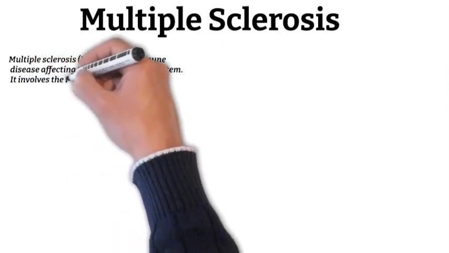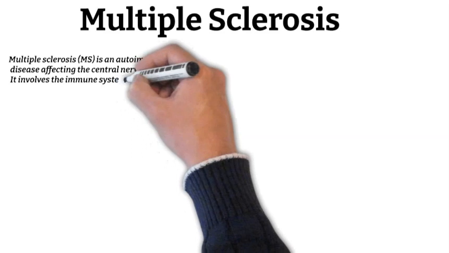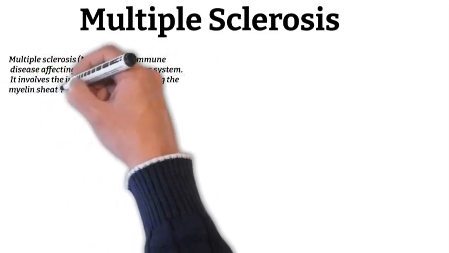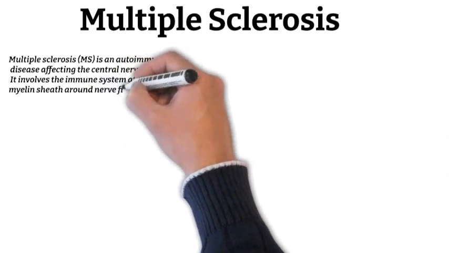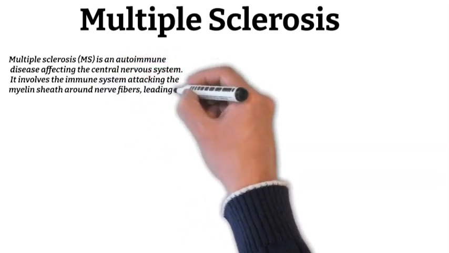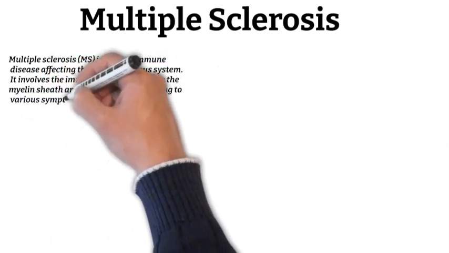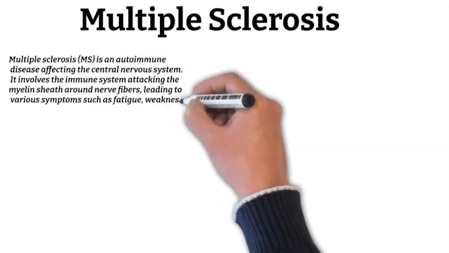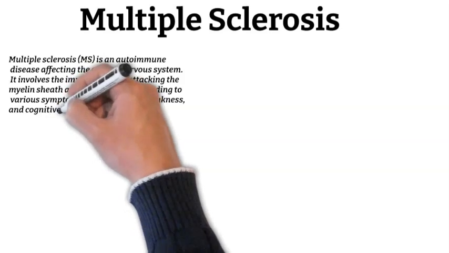It involves the immune system attacking the myelin sheath around the nerve fiber, leading to various symptoms such as fatigue, weakness, and cognitive changes.